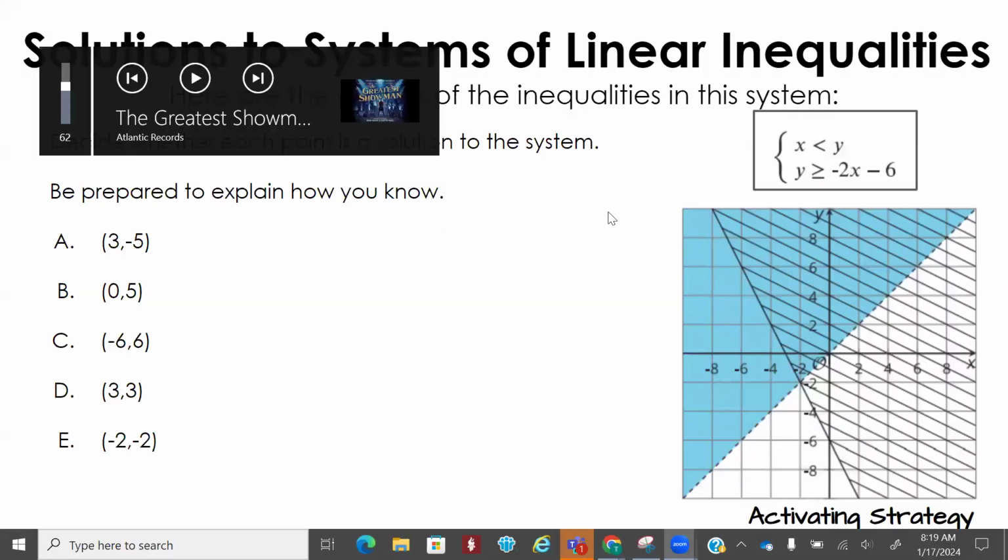If it is in the overlapping shaded region, then it is a solution. Okay, so for instance, on this one, if it is in the dashed lines and the blue line or blue coloring, then this is the solution area. Anything else, not a solution.